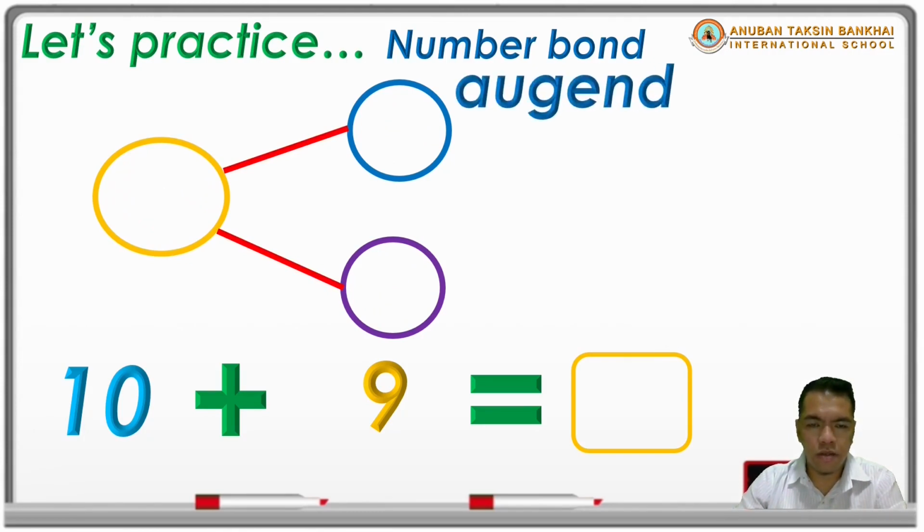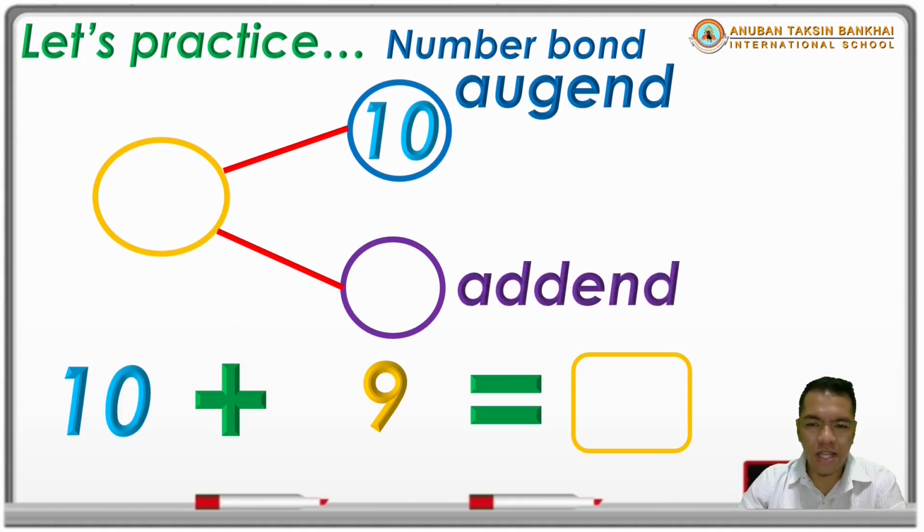What's our odd? Is it 10 or 9? Great. 10 is our odd. Then what's our add? Good. 9 is our add. 10 and 9 makes how many?